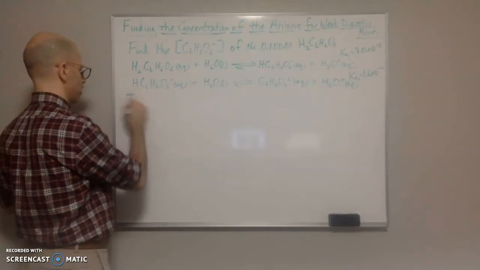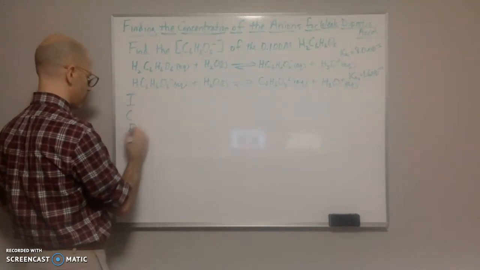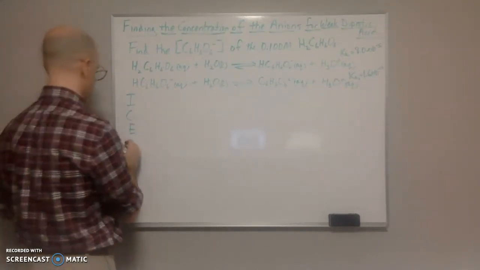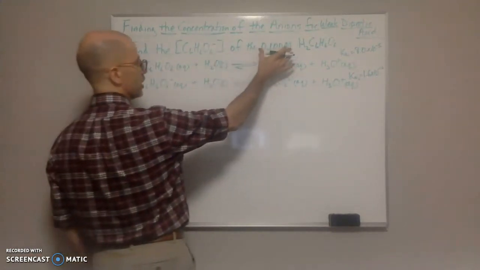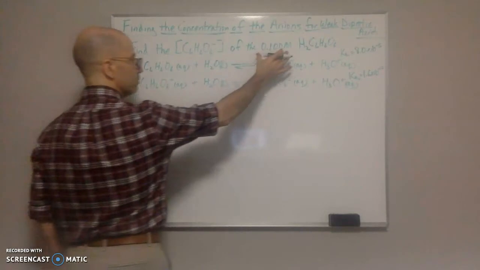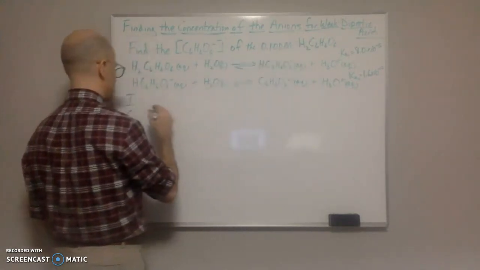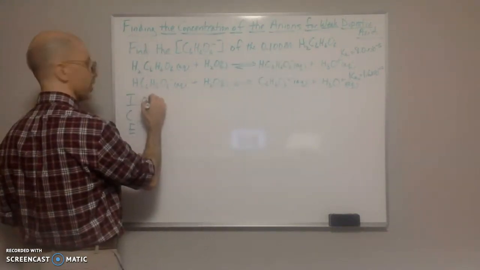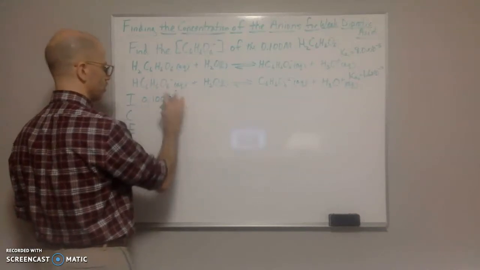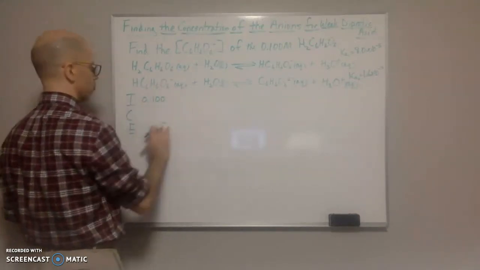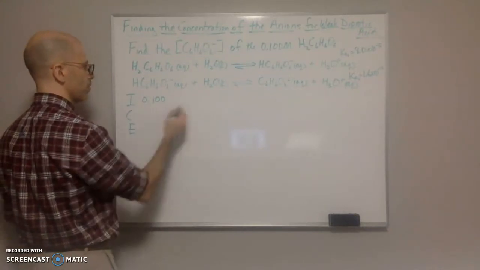So we're going to set up our ice chart here, right? So the initial concentration is the concentration of our acid, the diprotic acid. So we have 0.100 molar. We don't need to write the molar, we'll just write 0.100.